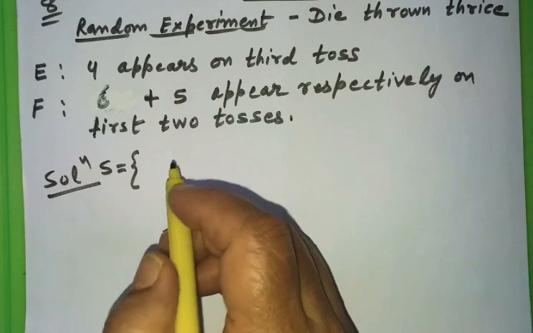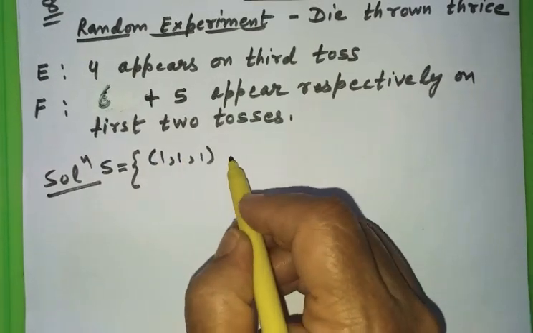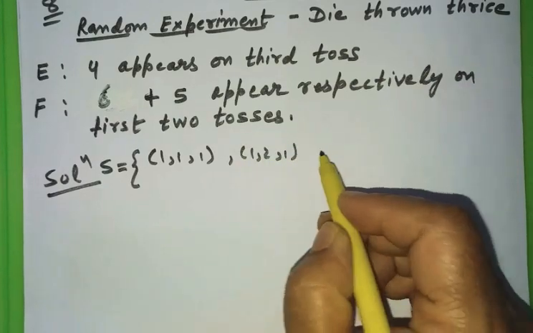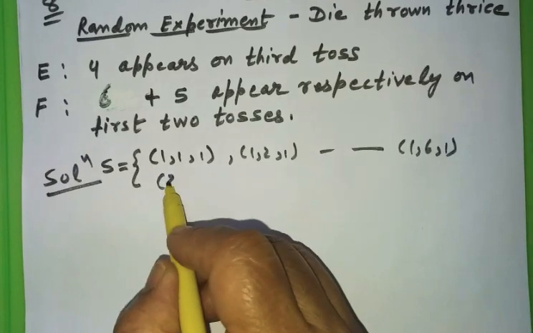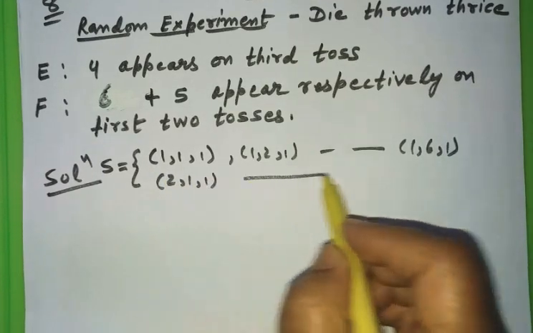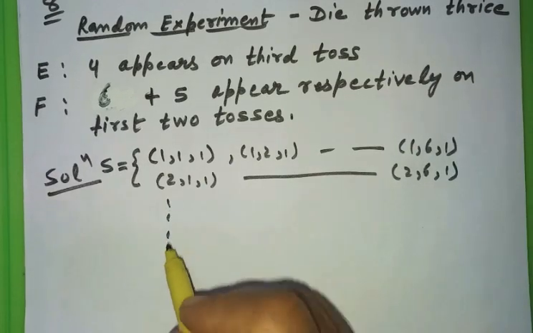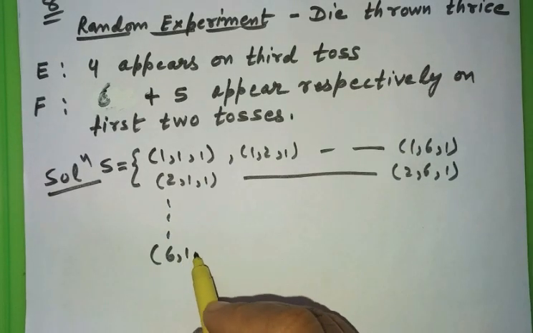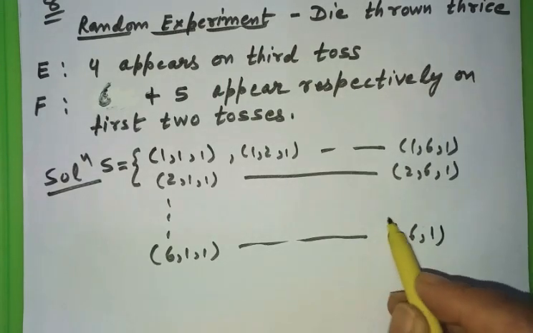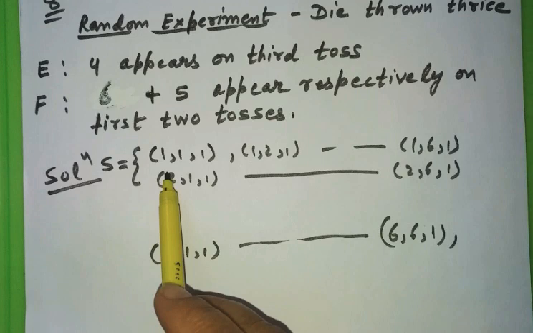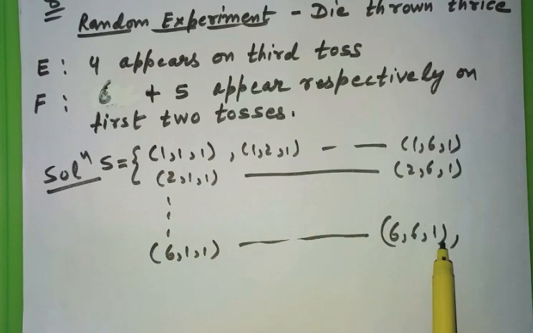216 cases. Look how: 1 1 paired with 1, 1 2 paired with 1, and so on, 1 6 paired with 1, then 2 1 with 1 till 2 6 with 1, and on, 6 1 with 1, 6 6 with 1. So we have completed all the 36 cases, 1 1, 2 1, up to 6 6, with 1.